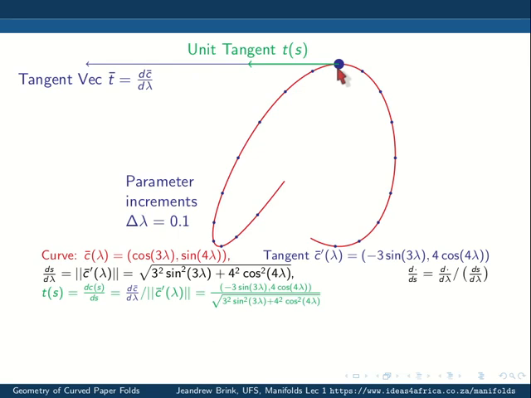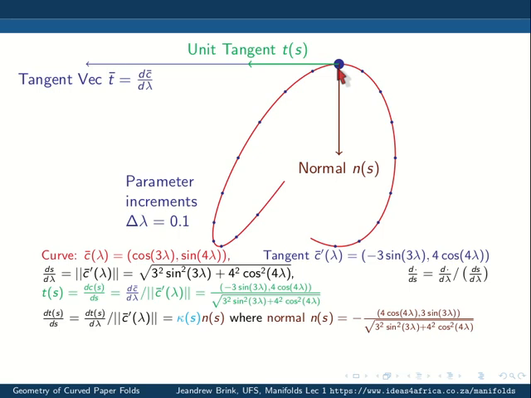Now the next step is I want to work out the normal vector with the arc length parameterization. So I want to work out the quantity dT ds.